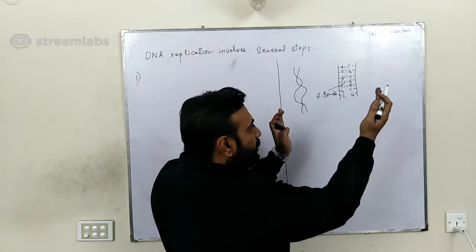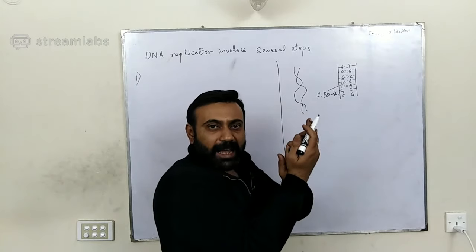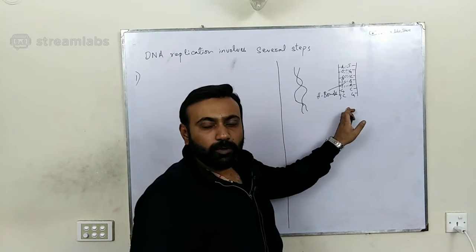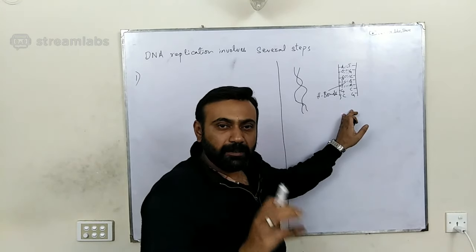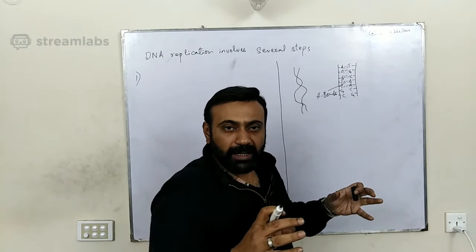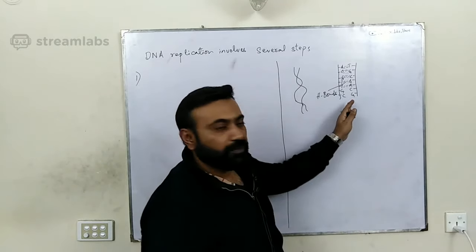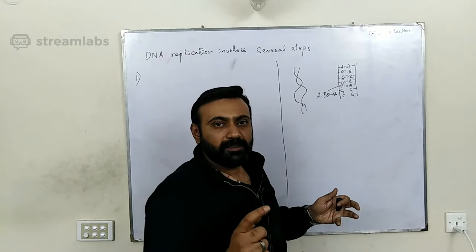See, there are 2 separate strands which are attached to each other because of hydrogen bonds between the bases of the nucleotides which are facing each other. So this is the force of attraction which is holding the 2 strands together.